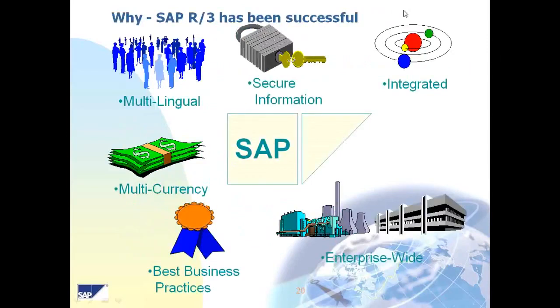Why is SAP R/3 successful? There are so many reasons. For example, it has so much secure information compared to any other ERP system, and it is highly integrated. Multi-currency is possible.